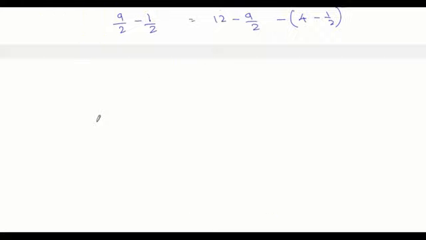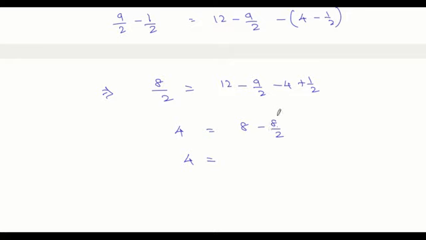See children, it is nothing but the left hand side 8 by 2 only. No change. But here, see: 12 minus 9 by 2 minus 4 plus 1 by 2. 12 minus 4 is 8, minus 8 by 2. Children, this is 4. So 4 equals 4 here also. See children, the calculation may vary, but we are getting the same answer.